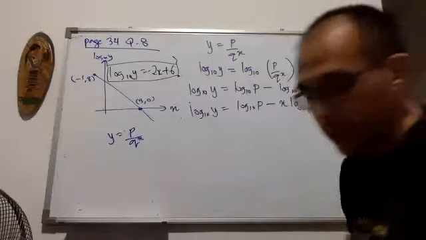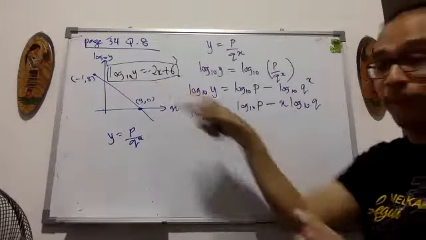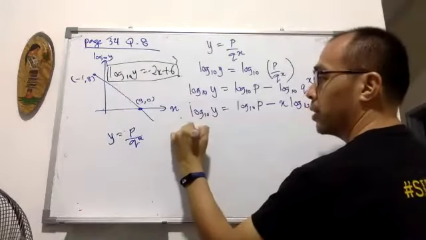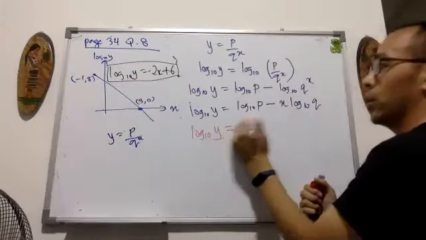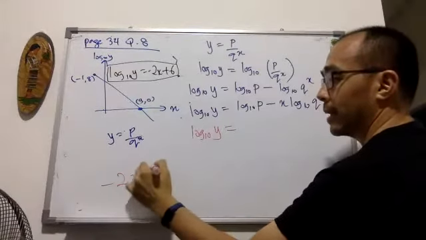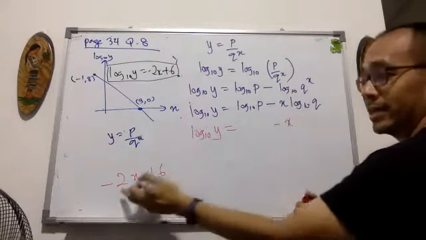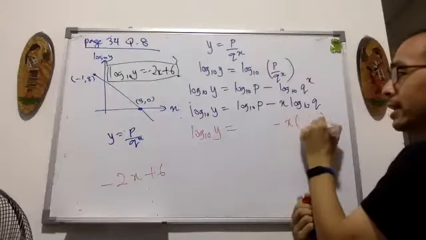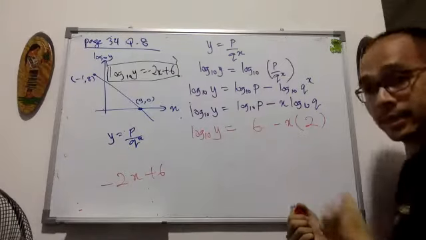Now, if I were to compare this to my form, I'm going to have log 10 y over here, equals, look at my x. Originally, it's minus 2x plus 6. I'm going to follow my x over here. If my minus x is here, therefore, this side must be 2. And over here must be 6.